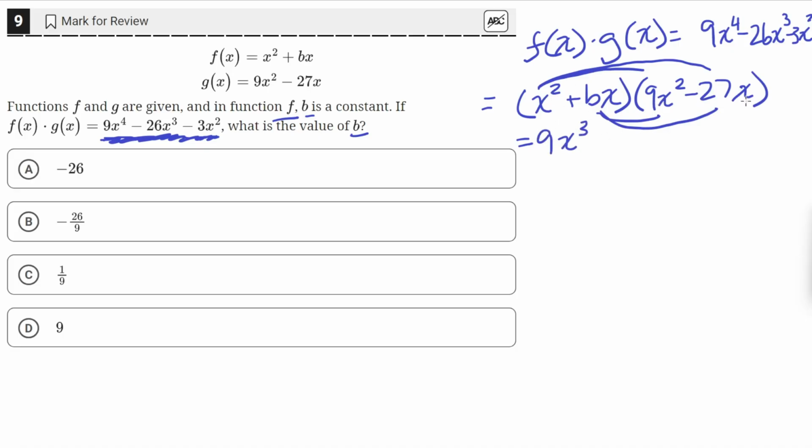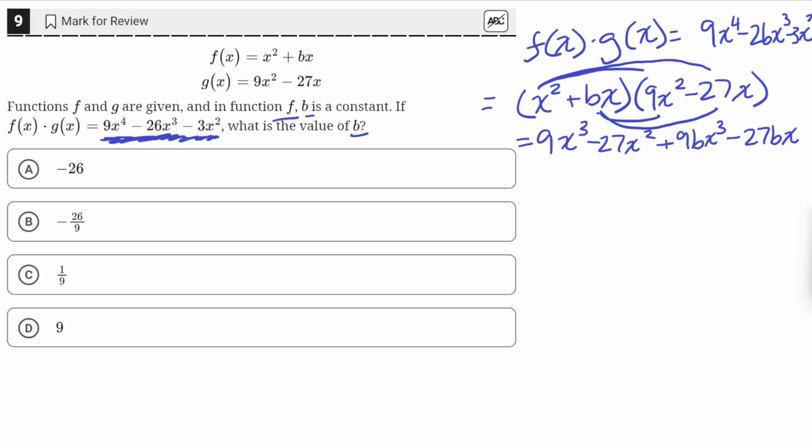X squared times negative 27x is negative 27x squared. Bx times 9x, that's equal to 9bx cubed. And bx times negative 27x, that's negative 27bx. So now we have this giant quantity here, and we're told that it's equal to this quantity here.